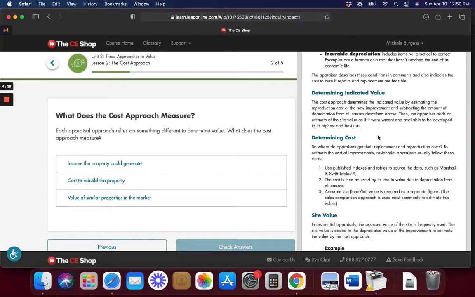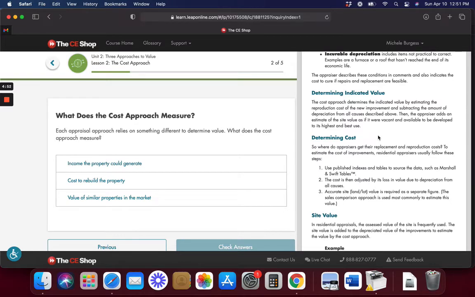Determining an indicated value: the cost approach determines the indicated value by estimating the reproduction cost of the new improvement and subtracting the depreciation. Residential appraisers usually use published indexes and data to source the cost, such as the Marshall and Swift tables.